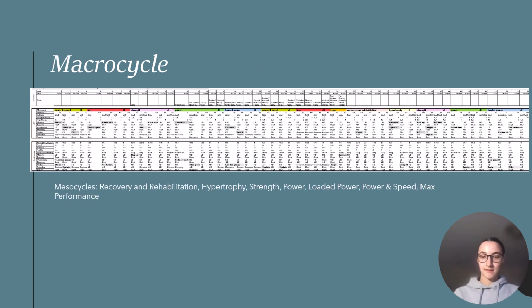So this is the macro cycle I created for this team. You're going to see that there's a lot on there, but we're going to go through it for preseason, in season, and off season. So we're going to work our way through. But this is just the overall macro cycle. You're going to see that the mesocycles include recovery, hypertrophy, strength, power, loaded power, power and speed, and then max performance.